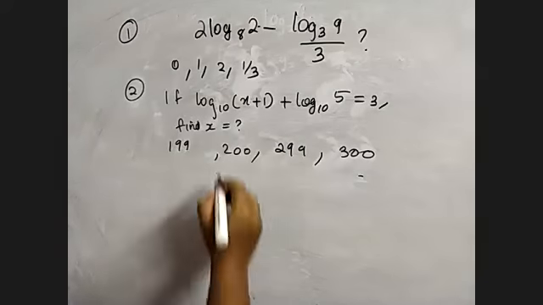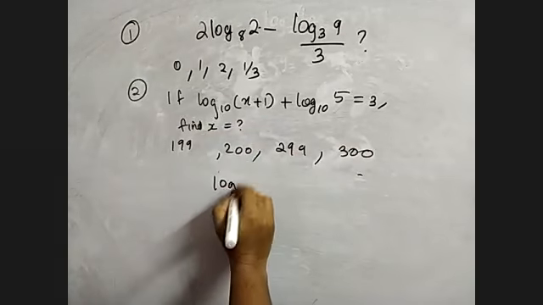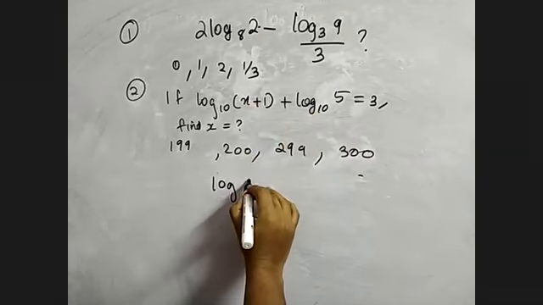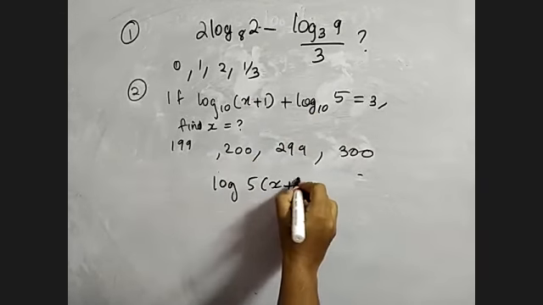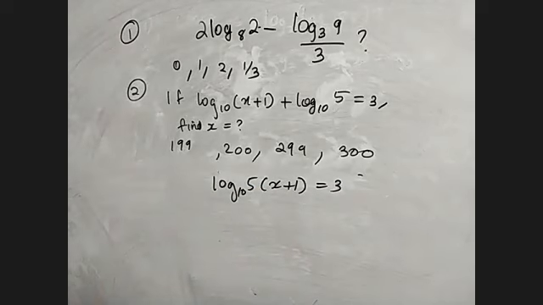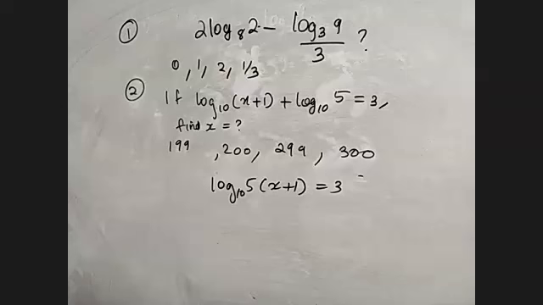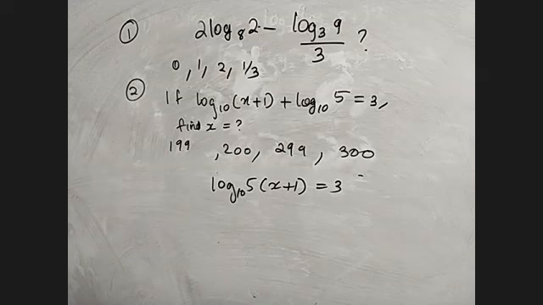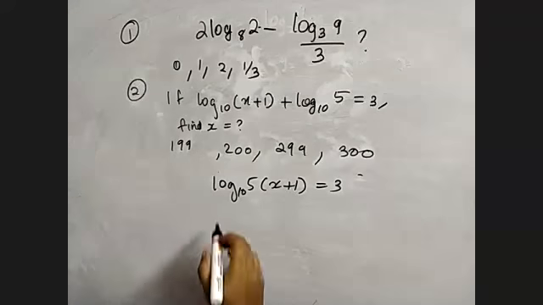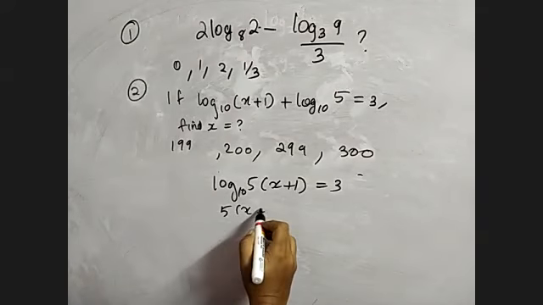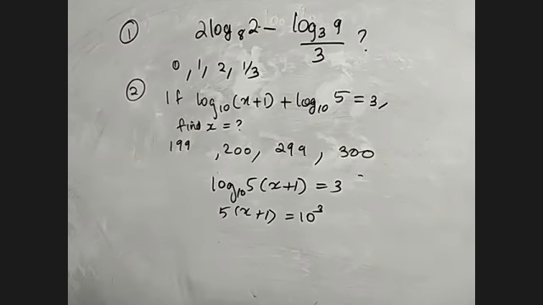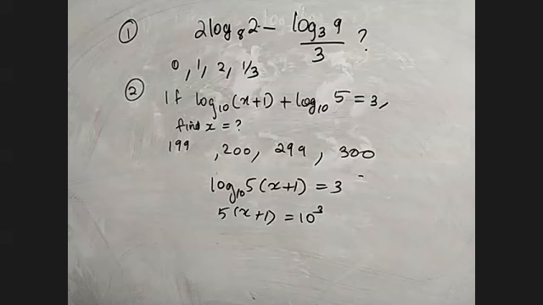What is the answer? We can write this as log a plus log b, that is log ab. So that is 5 times x plus 1 is equal to 10 cubed, isn't it?